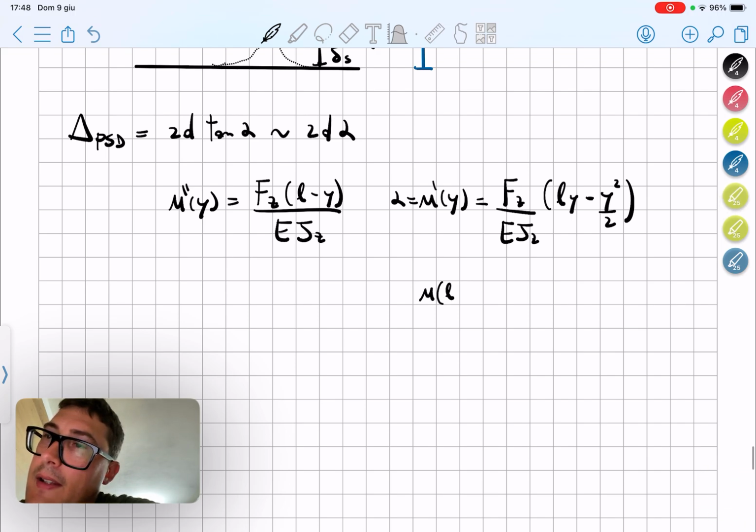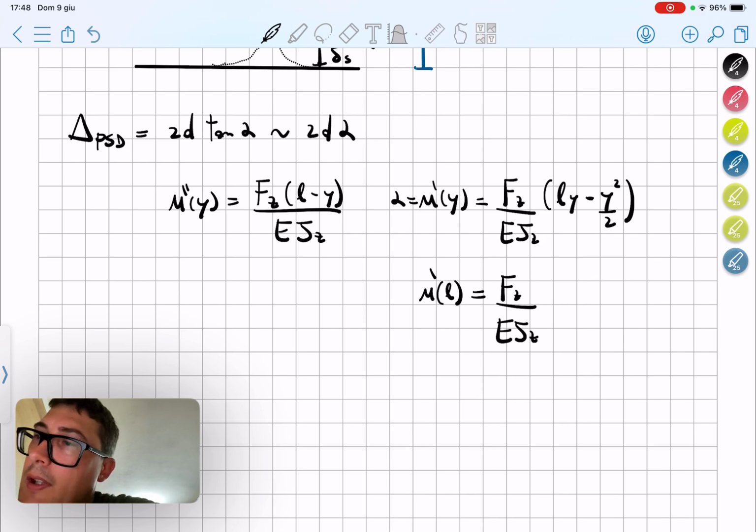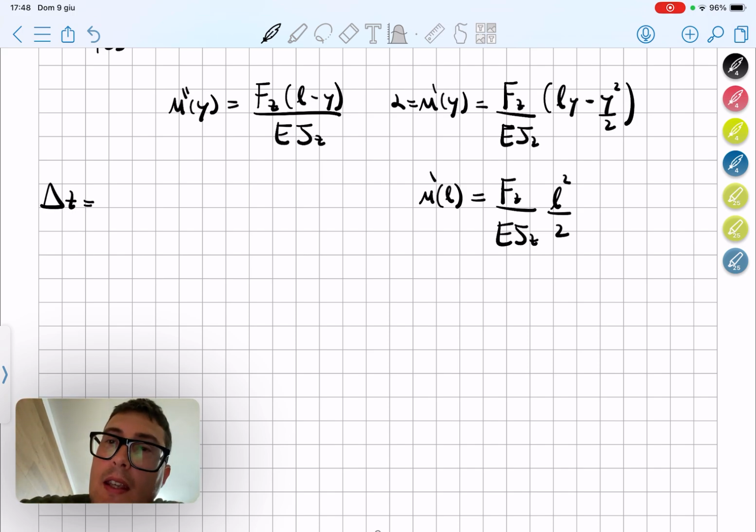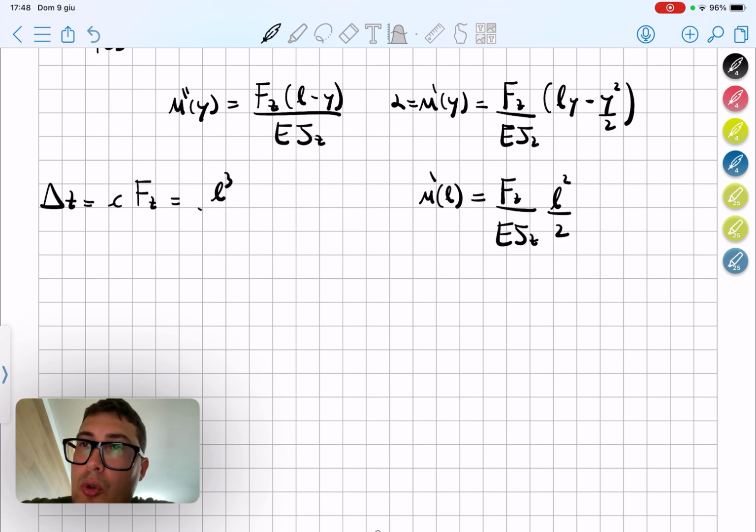We specify this at y equal to L, u prime, so F_z over EJ_z, and this becomes L squared minus L squared half, so it's L squared over 2. But what is F_z? We know that delta z, as we introduced last time, is c F_z, but c is L cubed divided by 3 EJ_z.